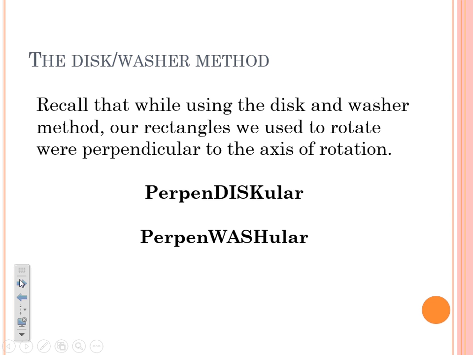But you know that the disc and washer method are the same, right? So if you need this funny word to help you remember, please take a hold of it. If you're better at visualizing, then you can draw in your rectangle and visualize, this is going to make a disc. This is going to make a washer.